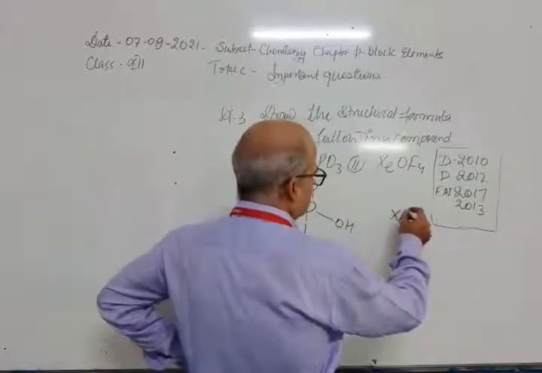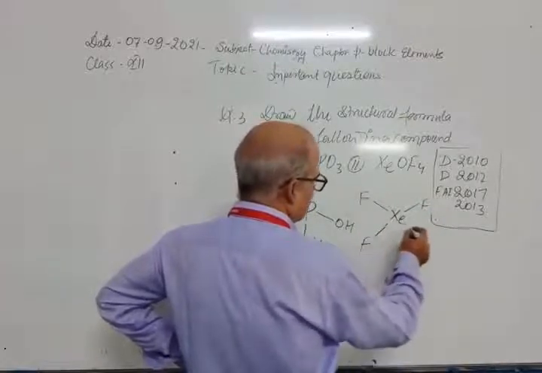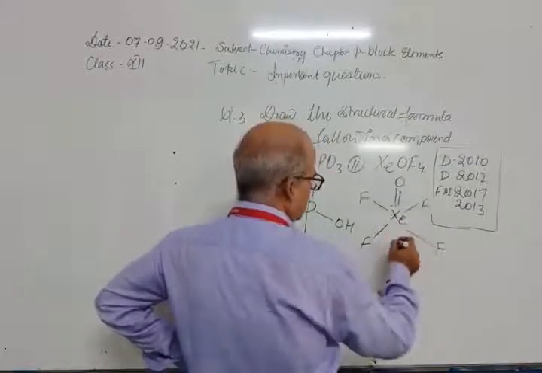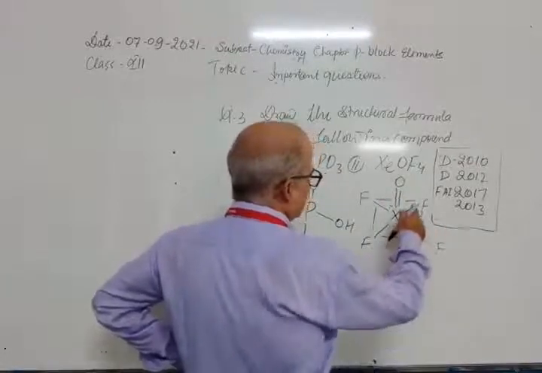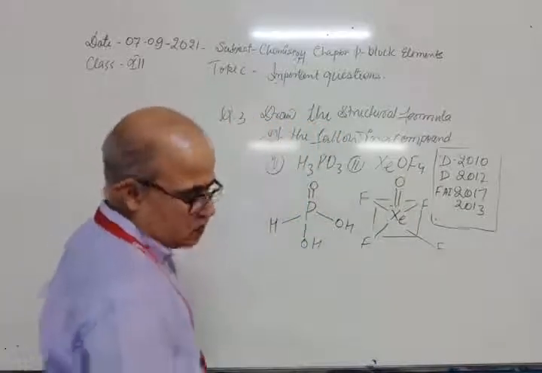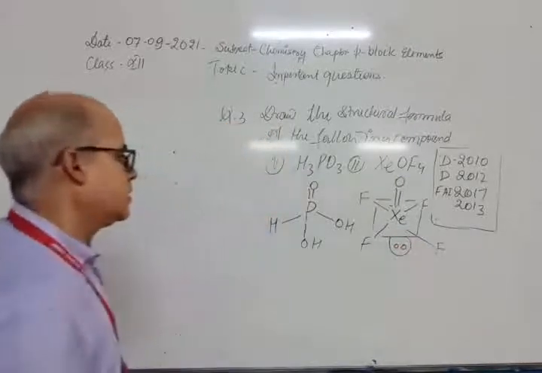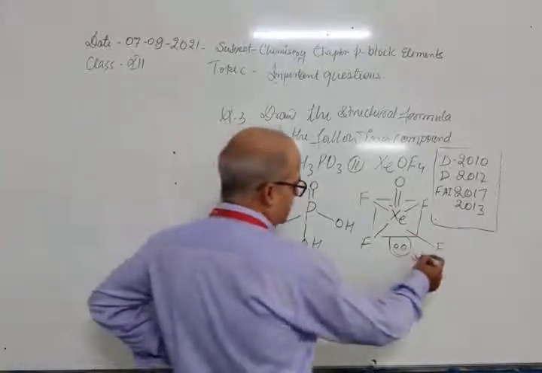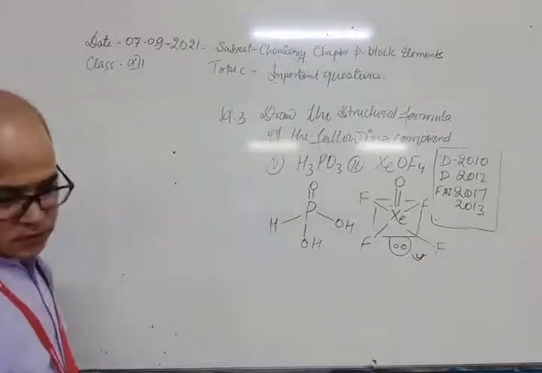So this is the structure of this one, and this is the structure. 1, 2, 3, 4, and 2, 6. Then one you have this. This is the structure. This portion is very important. You have to mention it in the examination. Now we will see the next question.